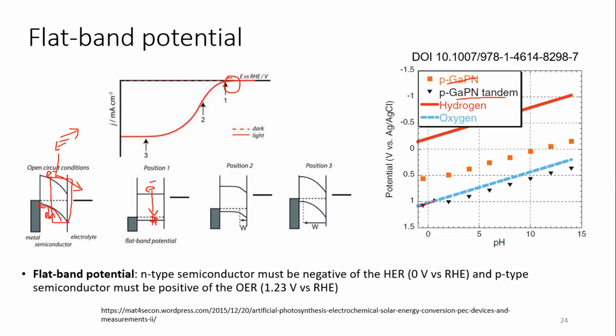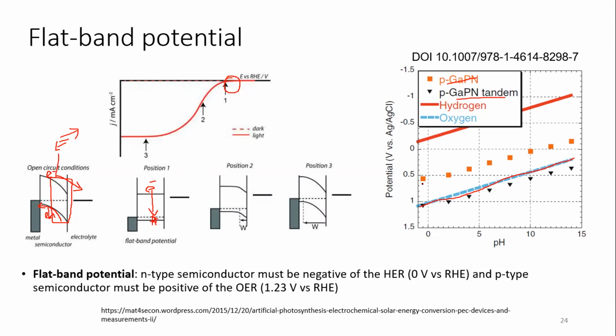Both these water redox reactions depend strongly on the pH. At pH 0, the oxygen evolution potential is 1.23 and the hydrogen evolution potential is close to 0.